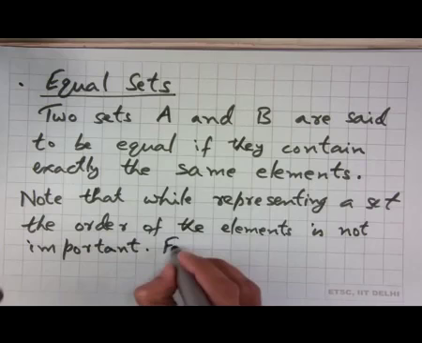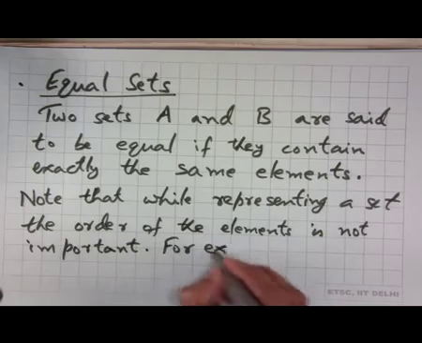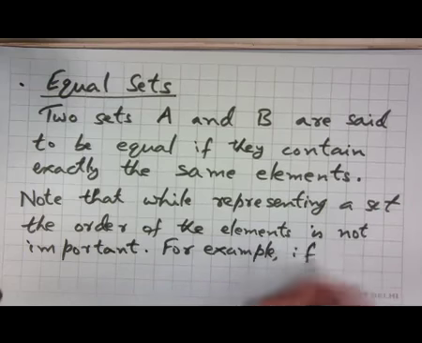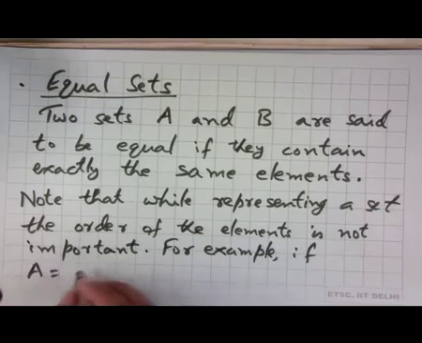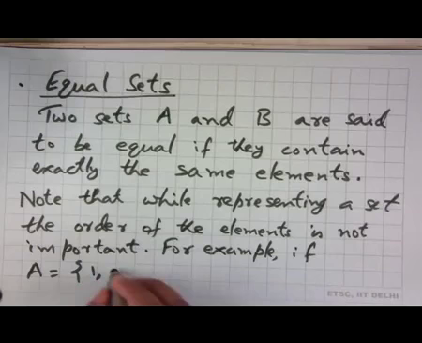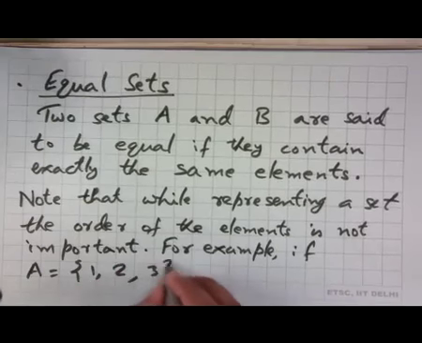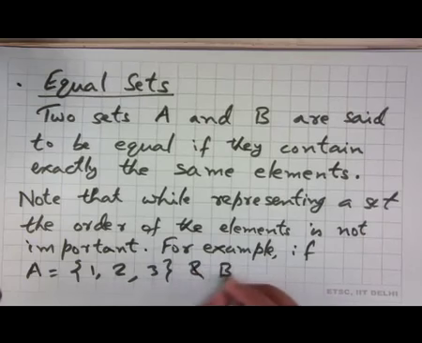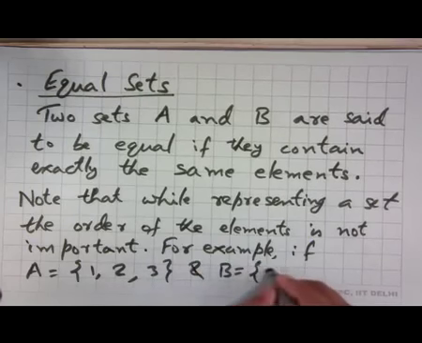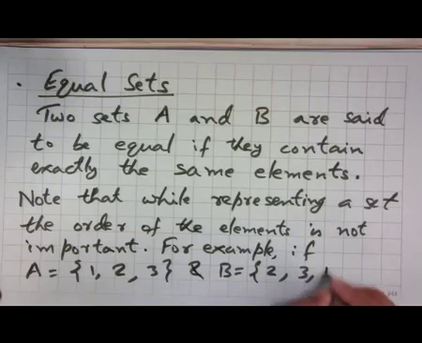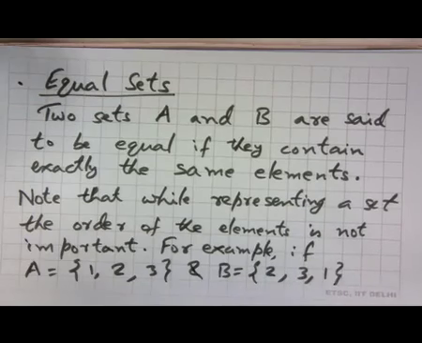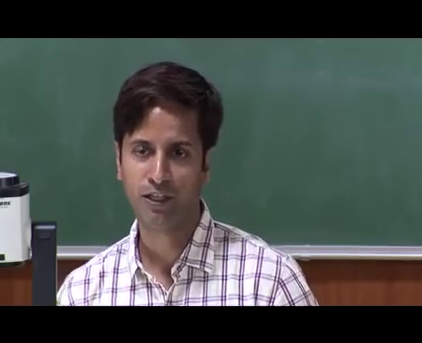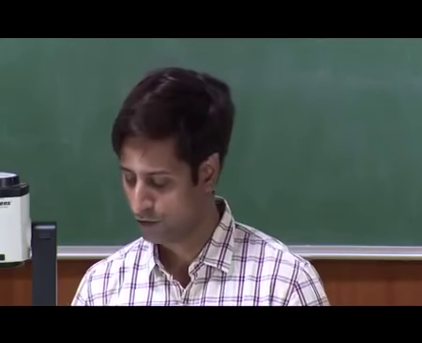So, for example, if A is equal to 1, 2, 3 and we write B equal to 2, 3, 1, then A and B are the same set, because both A and B contain the same 3 elements 1, 2 and 3.